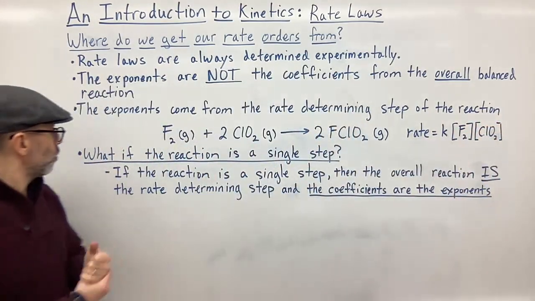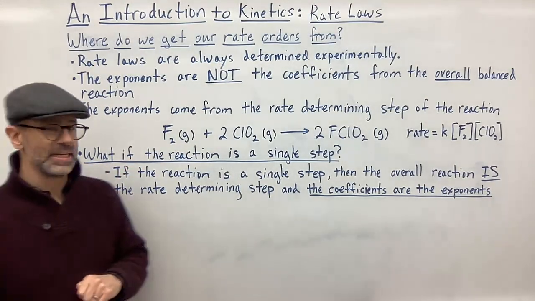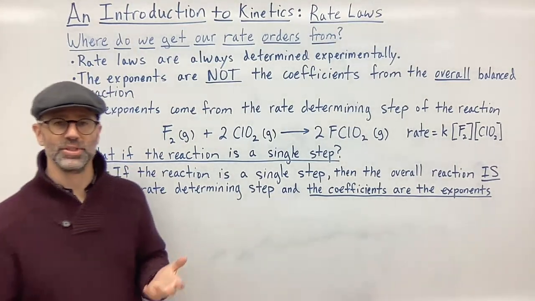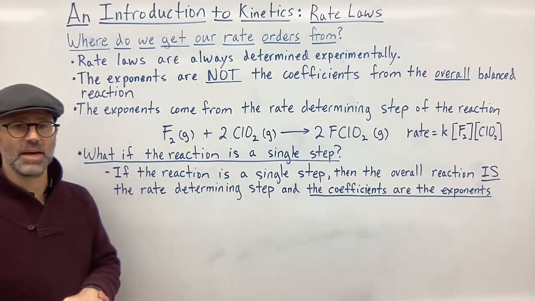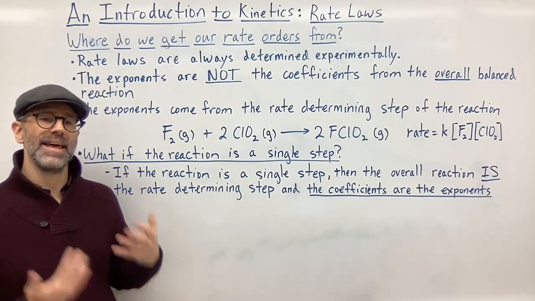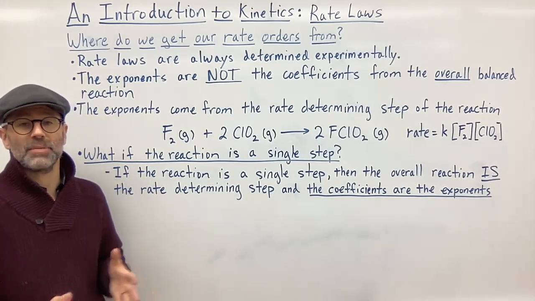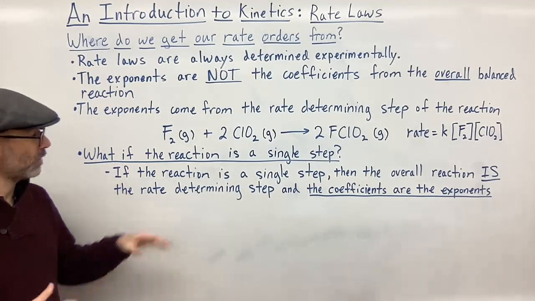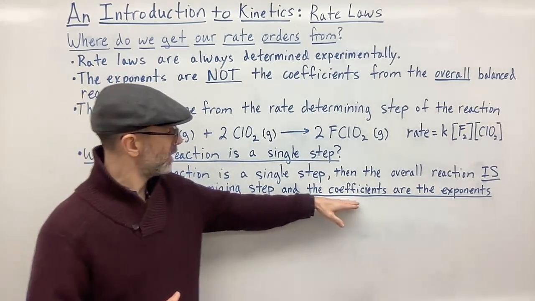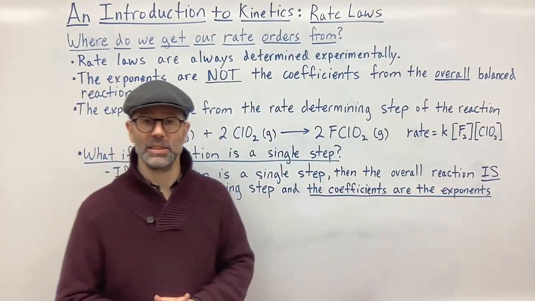Now, there is a situation where the reaction is a single step. It's not multiple steps, it's a single step. If it is indeed a single step reaction, then of course that step is the only step in the reaction, and therefore that step is the rate determining step, and the coefficients for that step are going to be the exponents in your rate law expression.